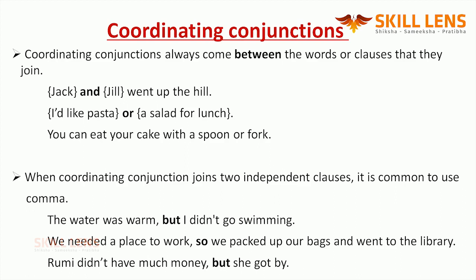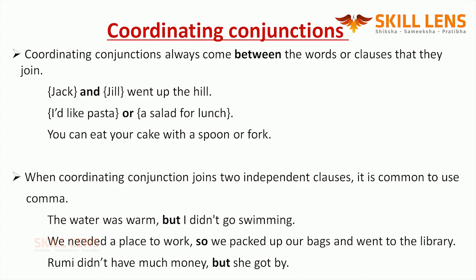Okay, second one, we needed a place to work, so we packed our bags and went to the library. Okay, we needed a place to work is an independent clause, right? It can be a sentence on its own. We packed our bags and went to the library. That's another independent clause that we use here.